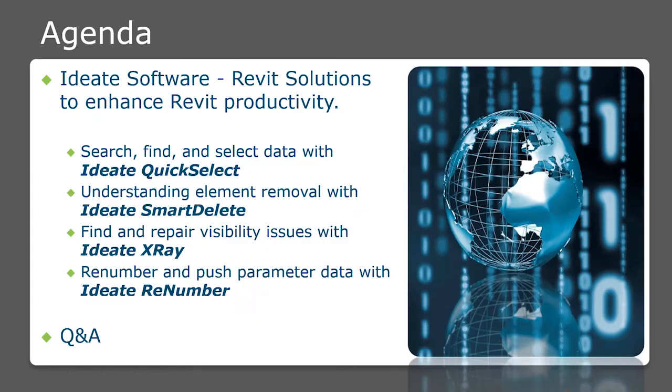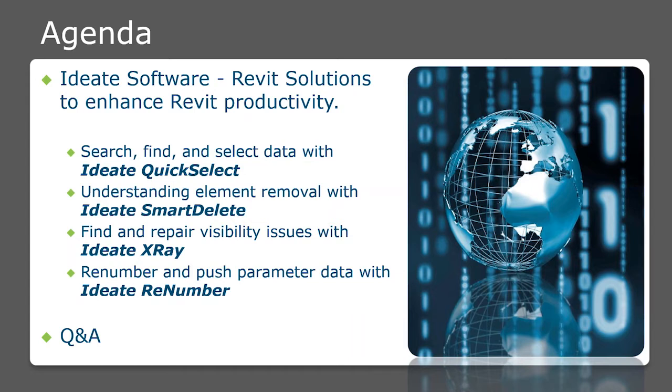So today, as I mentioned, we're going to be talking about productivity solutions from IdeateApps software called IdeateApps. And IdeateApps consists of 4 tools. Ideate Quick Select to allow you to search, find, and select data very easily and quickly within your Revit project. Ideate Smart Delete, which allows you to understand the implications of a deletion. And so I'm going to go into details about that.